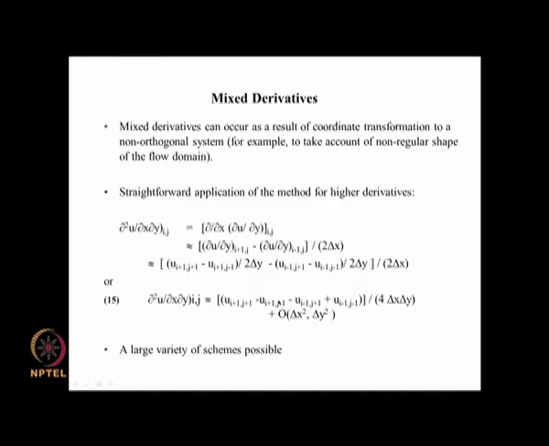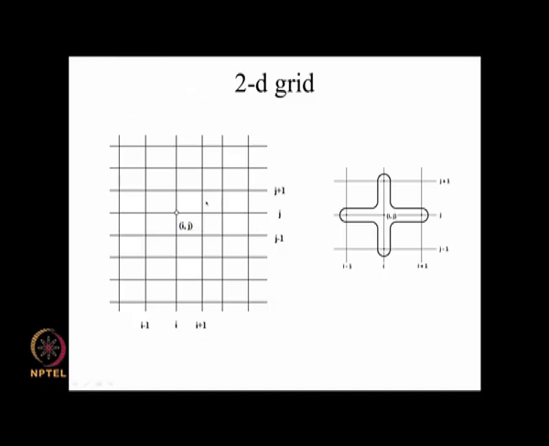If you now go to this particular thing here, we are evaluating dou square u by dou x dou y at this particular point i, j here. For this you have i+1, j+1 which is this point, and you have i+1, j-1 which is this point here, and you have i-1, j-1, and you have i-1, j+1.